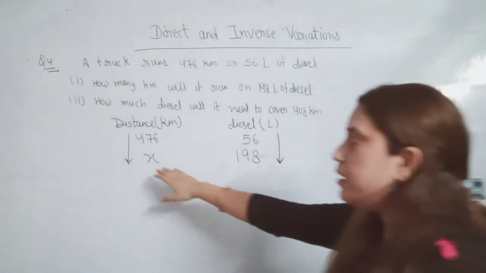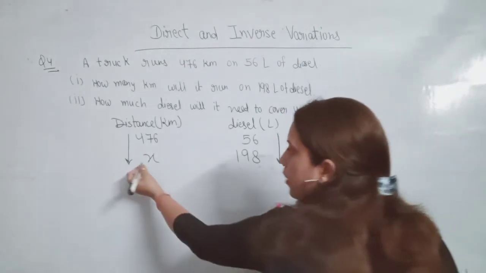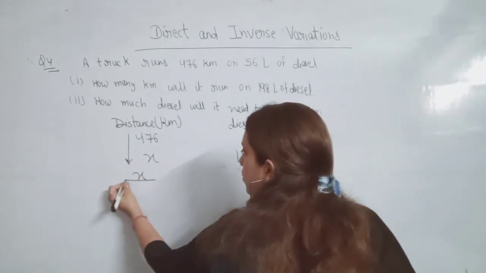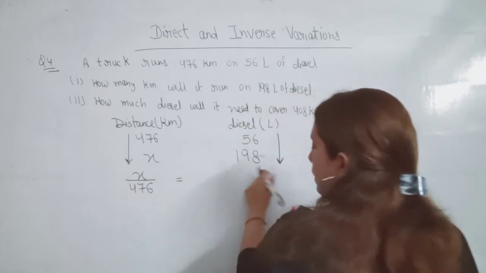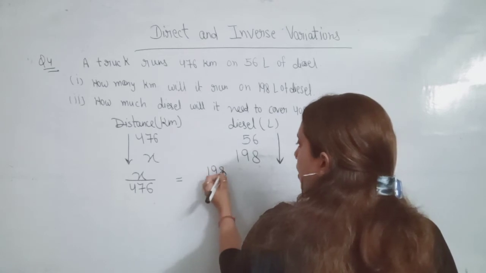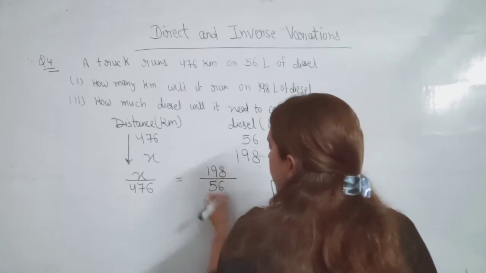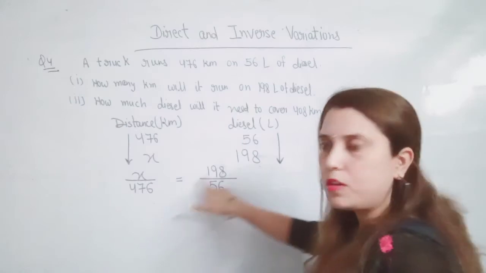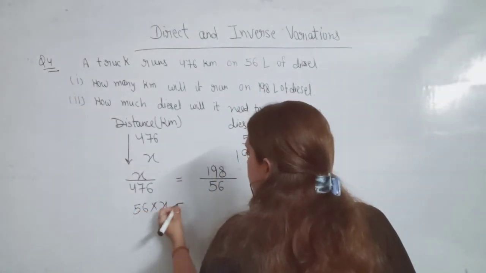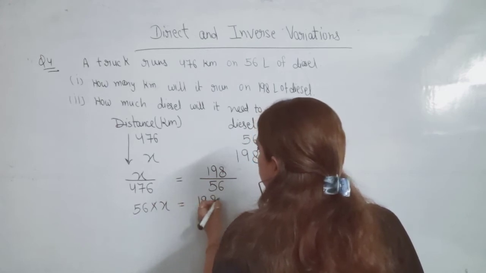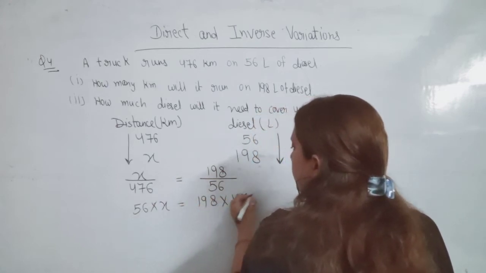Okay, after that first we write down like this, arrow x upon 476 is equal to 198 upon 56. After that we will do the cross multiplication. So 56 into x is equal to 198 into 476.